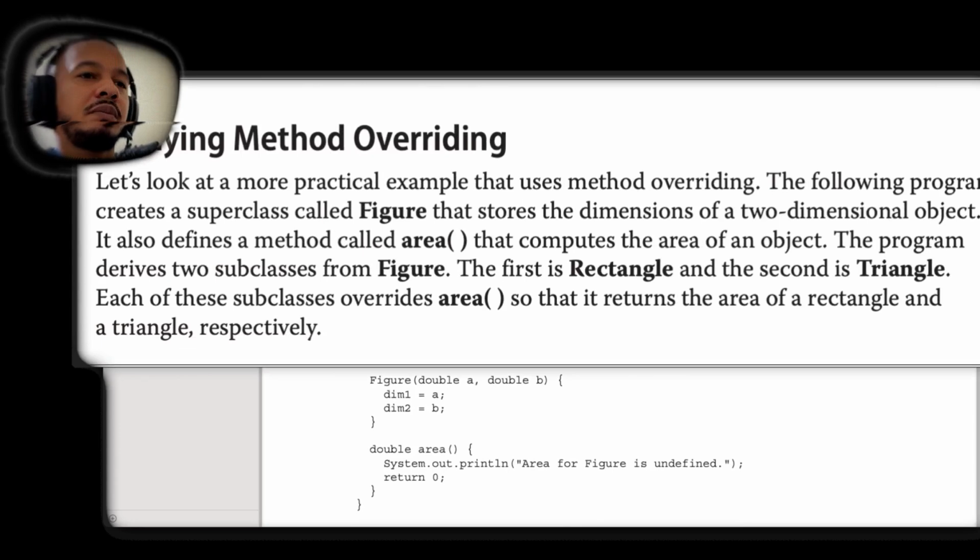Applying method overriding. Let's look at a more practical example that uses method overriding. The following program creates a superclass called Figure that stores the dimensions of a two-dimensional object. It also defines a method called area that computes the area of an object. The program derives two subclasses from Figure: first is Rectangle and second is Triangle. Each of these subclasses overrides area so that it returns the area of a rectangle and a triangle respectively.